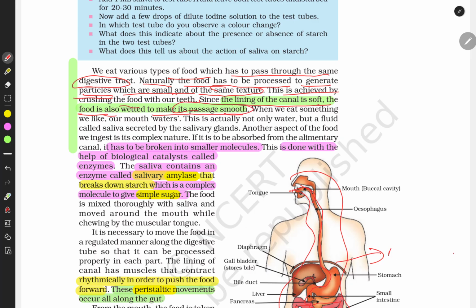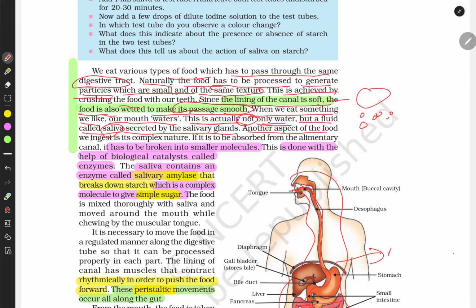The saliva makes the food smooth, and the teeth grind the food into small particles. When we eat something, our mouth waters, and this is not only water but also a fluid called saliva, secreted by the salivary gland.